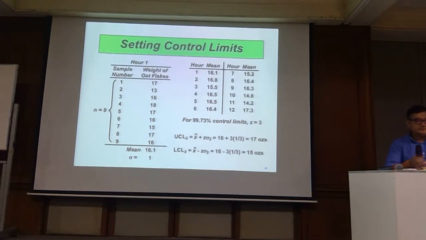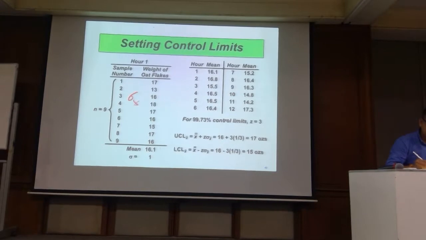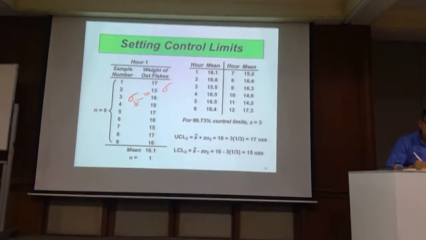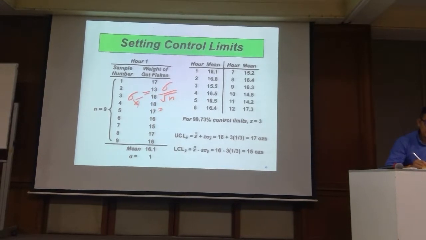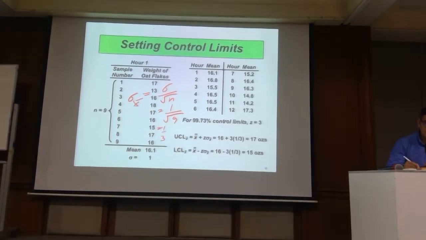So in this case, the standard deviation of the sampling distribution equals the standard deviation of the process divided by square root n. So then you have 1 divided by square root 9. So that's why you have 1 over 3.